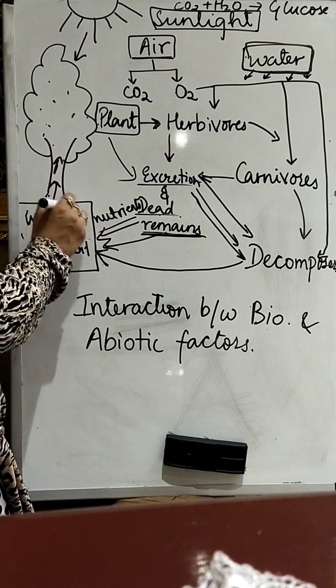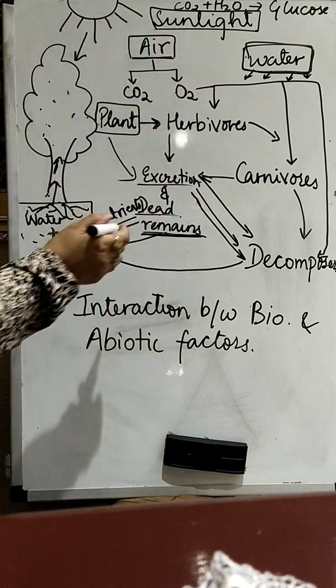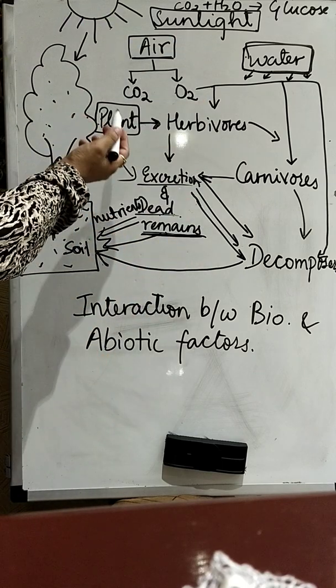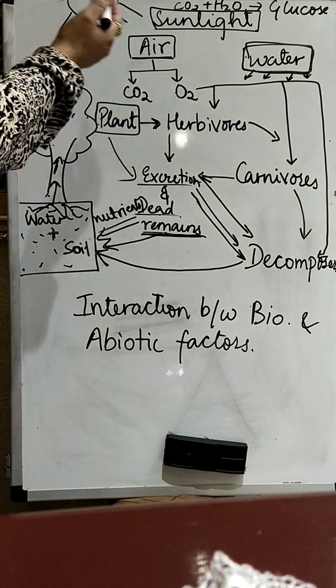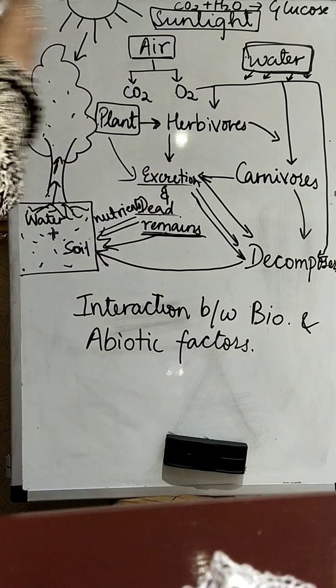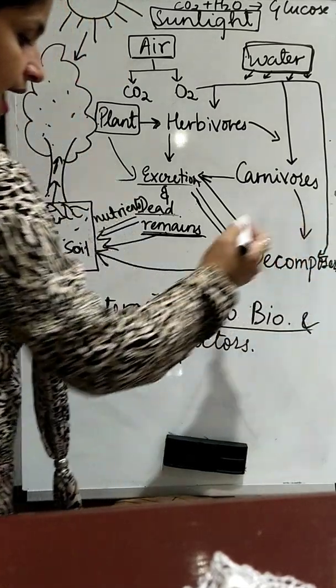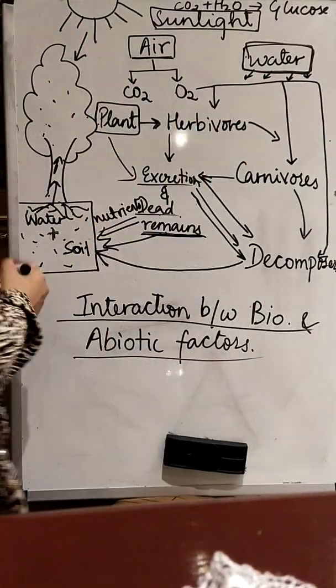This is taken up by the roots. So here you can see the interaction, how the non-living factors are dependent upon the living factors, and living factors are dependent upon non-living factors. In this way all are dependent on each other and interact with each other.